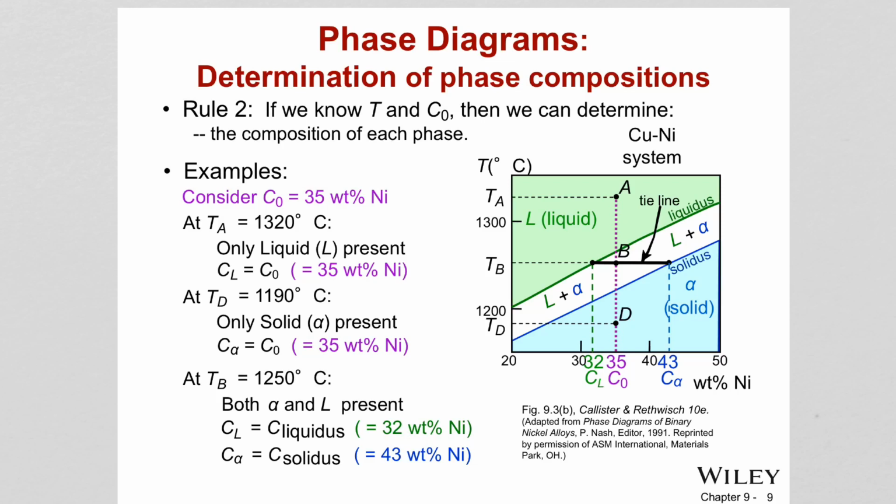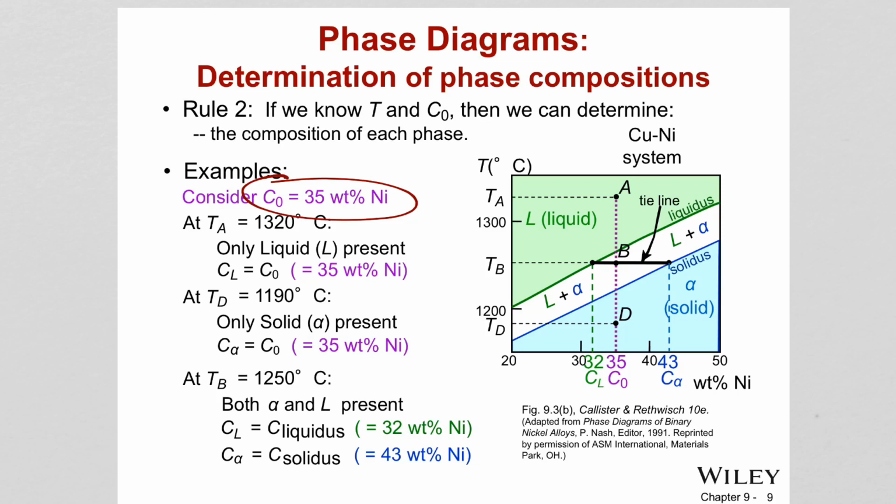For example, consider an alloy which has 35% nickel, so automatically 65% is copper. Of course, you guys can understand that, right? So when I have an alloy which has 35 weight percent nickel, at a temperature of 1320 degrees C, what is the phase that is present?